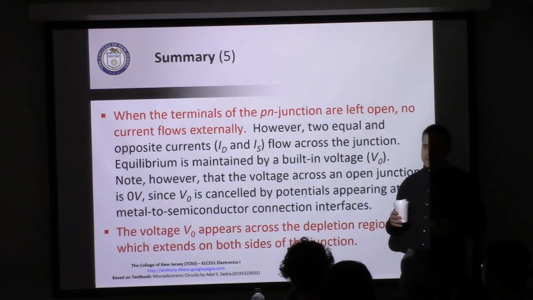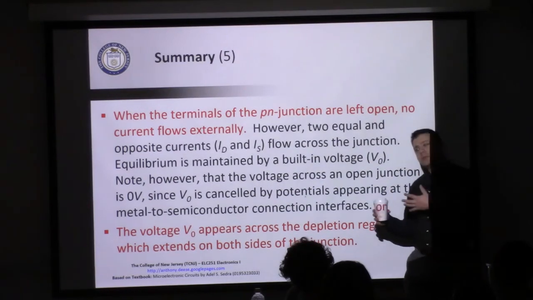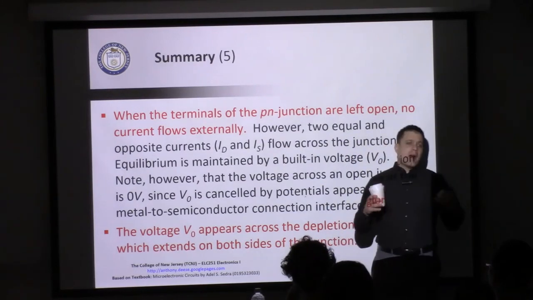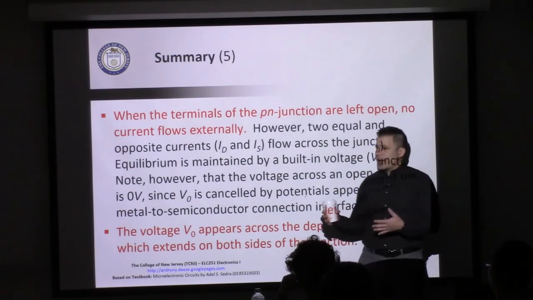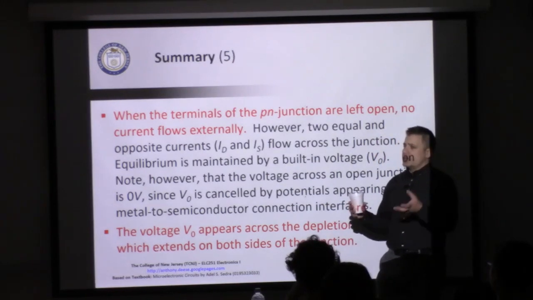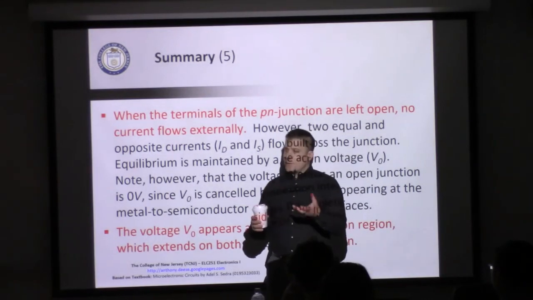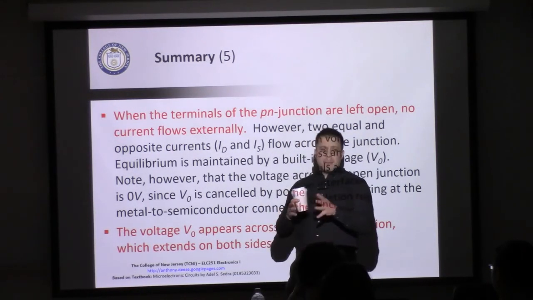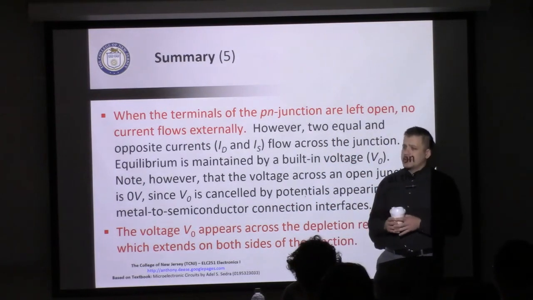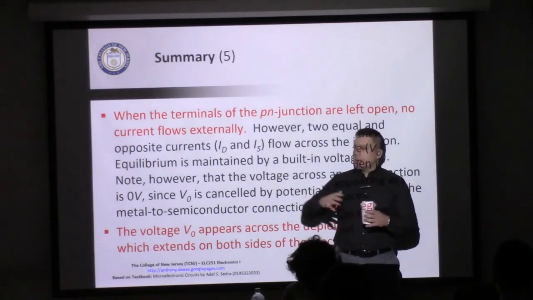Then we moved on to the closed circuit operation when we apply an external voltage, and how forward bias differs from reverse bias. The difference is whether the polarity of the applied voltage agrees with the polarity of the built-in voltage. If it does, that's reverse bias, and it makes the depletion region wider. If it doesn't, it's forward bias, and that makes the depletion region smaller, which ultimately allows diffusion to keep going and current to flow.